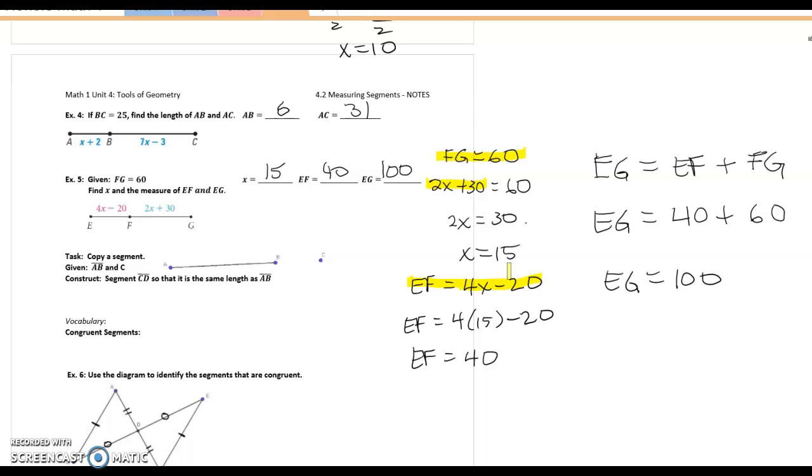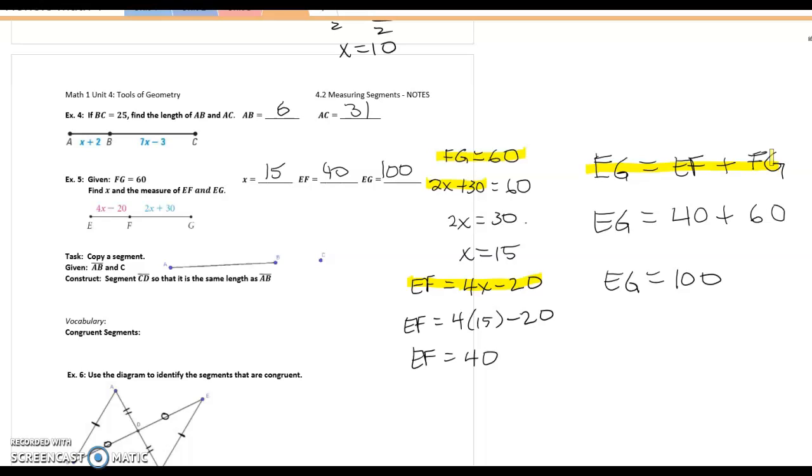And then finally, to find EG, again, I did not immediately go to writing 40 plus 60 equals 100. I started off by writing a segment addition postulate statement. EG is equal to EF plus FG. Then through substitution, I showed how to find the length of EG.